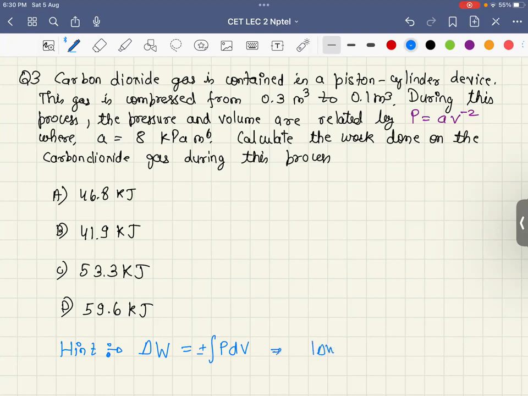For example, delta W is going to be integral PdV, where volume changes from initial value to final value. Right? And here, if you look at it carefully, you are already asked what is the work done. That means the sign is already inherent in the work. So what you need to find is just the absolute value. So I'll give you 5 minutes to solve it.